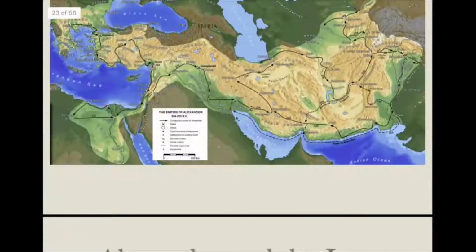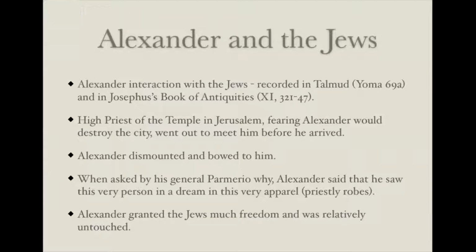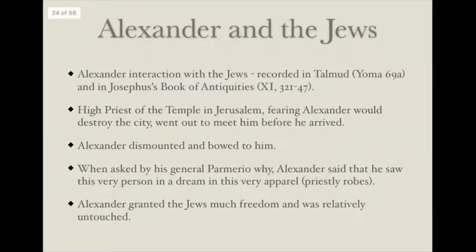Okay, another side note, Alexander and the Jews. The interaction between Alexander and the Jews is recorded in the Talmud, and also in Josephus, who was a Jewish historian of the first century, in his Book of Antiquities.